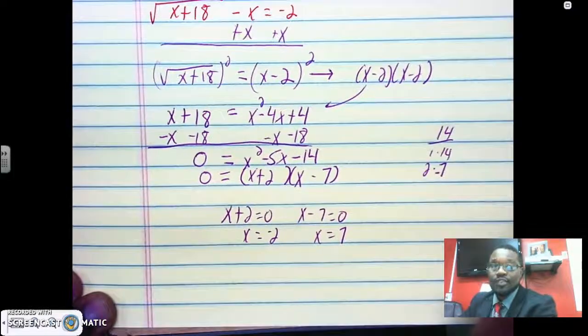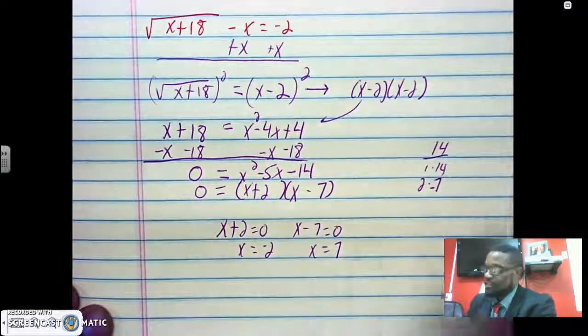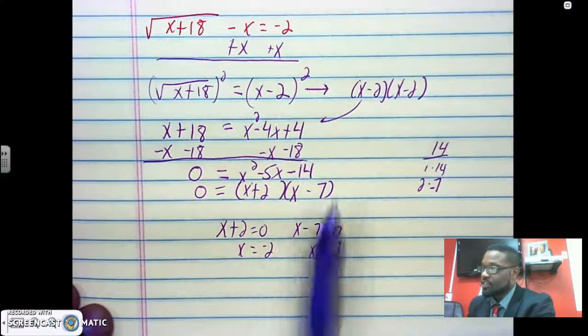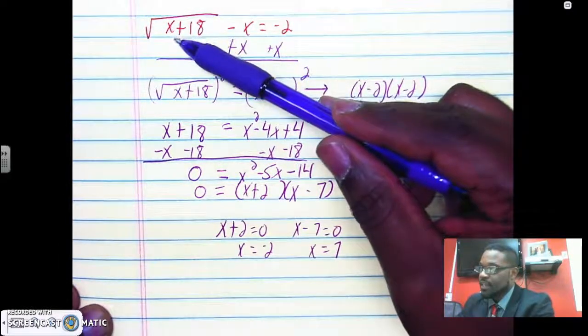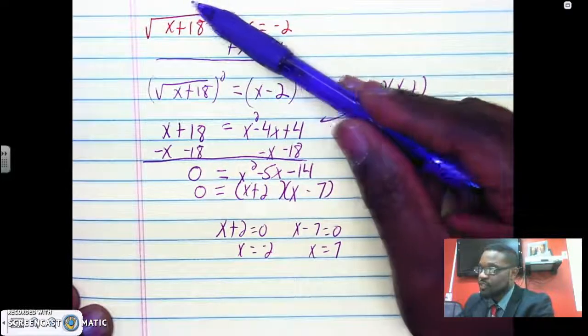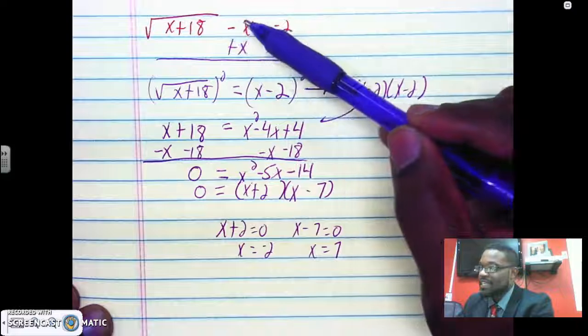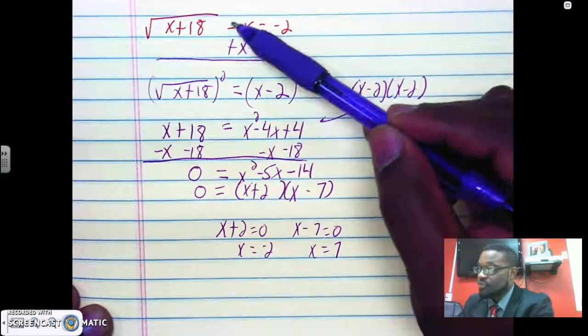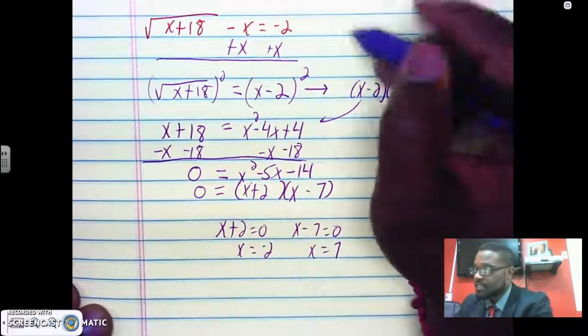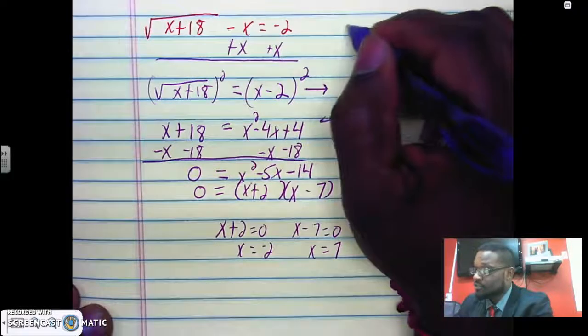Now before I circle those, I need to check my answers. Remember, you have to check your answers. So if I put negative 2 in here, I'll get 16. The square root of 16 is 4. So 4 minus a negative 2, that means 4 plus 2. Okay, let's not do that in our head so I don't get confused.